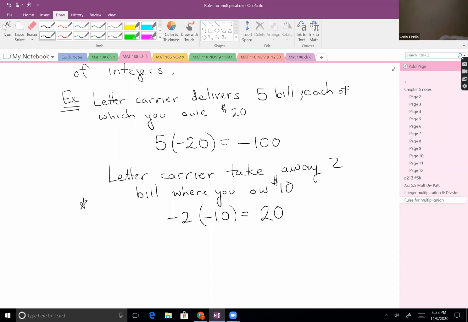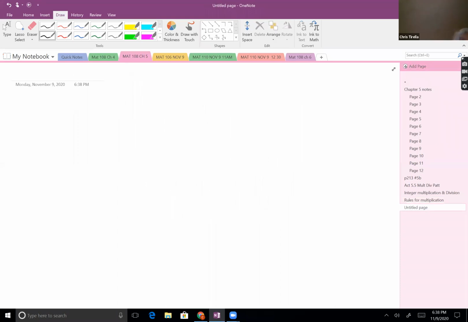No questions? All right, then I'm going to add another page for division. We're going to say that division is the inverse of multiplication.